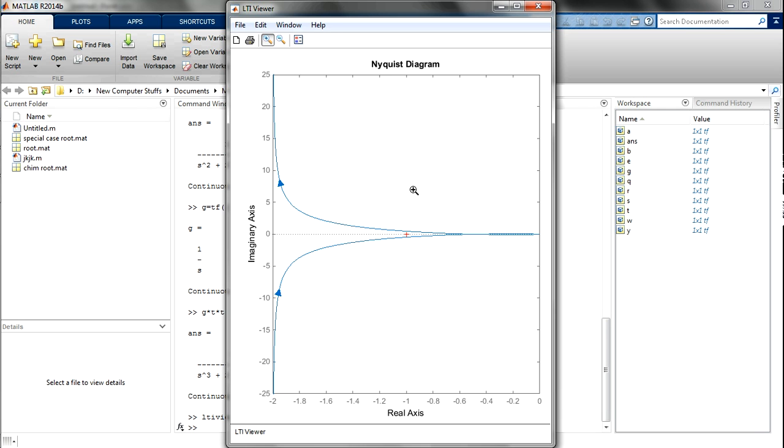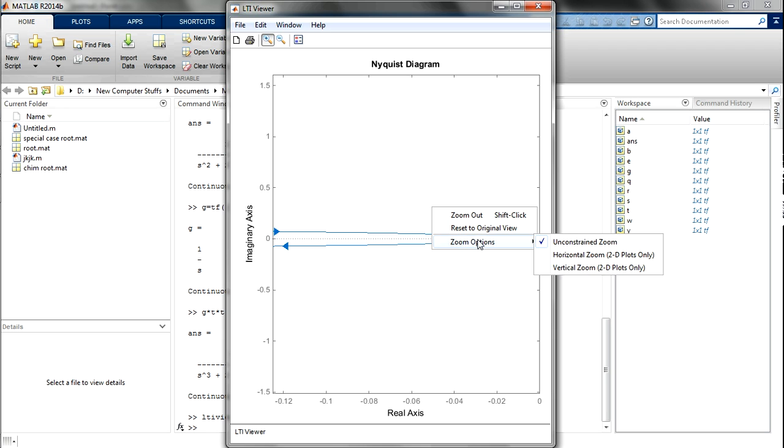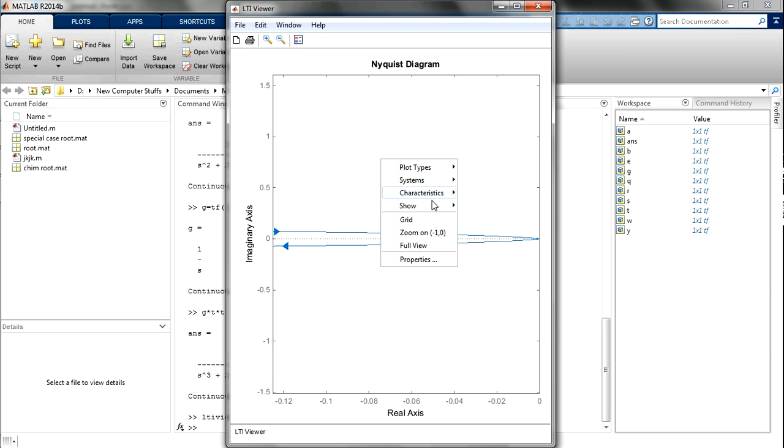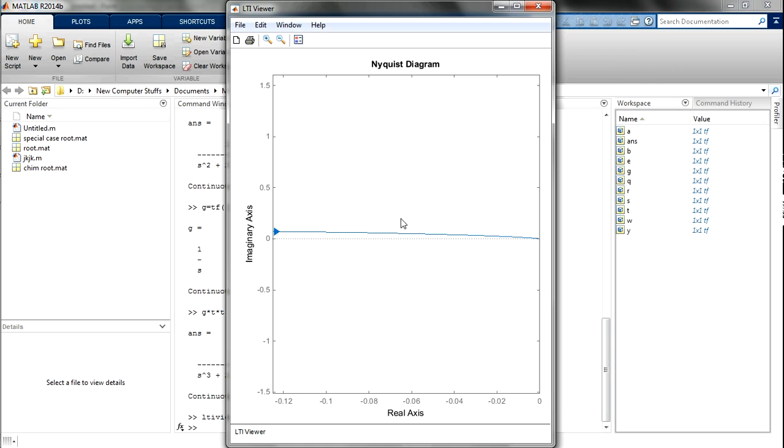If you look in a more detailed way, we're coming into the axis in the third quadrant, which is exactly shown over here. Not third quadrant but second quadrant.